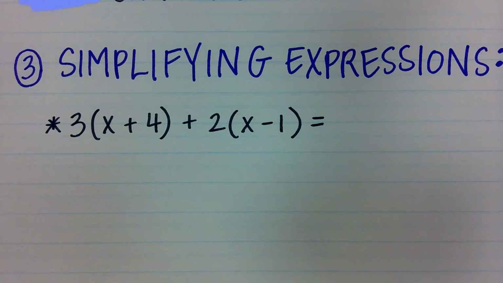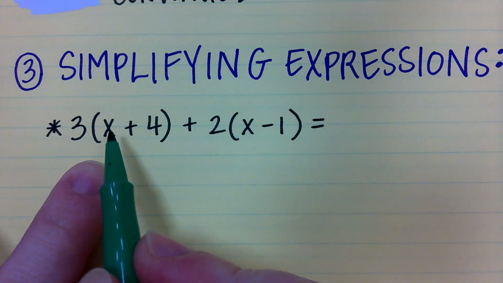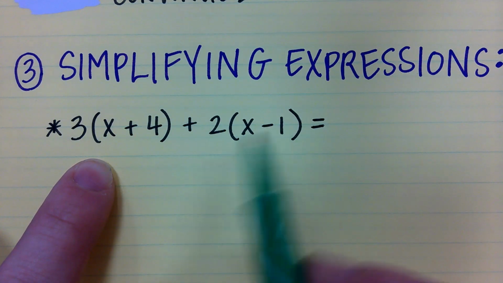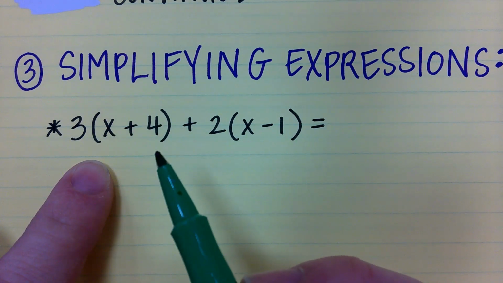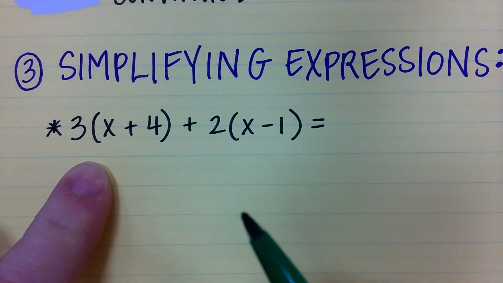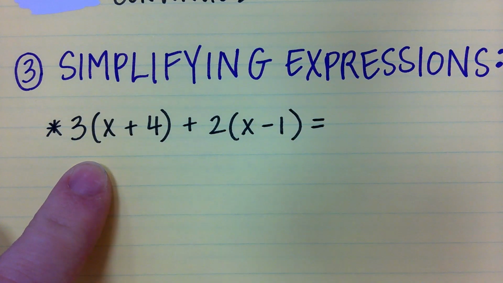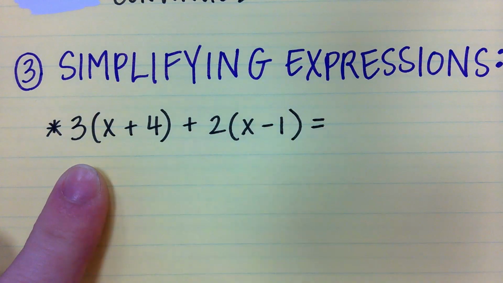Parentheses come first, right? So I have x plus 4 and I have x minus 1, but we don't know what x is, right? So we can't do that yet, correct? Yes, Bree.